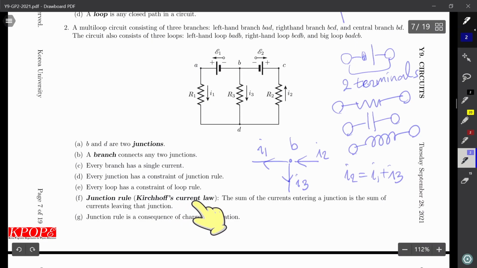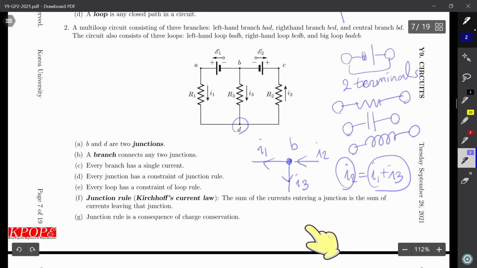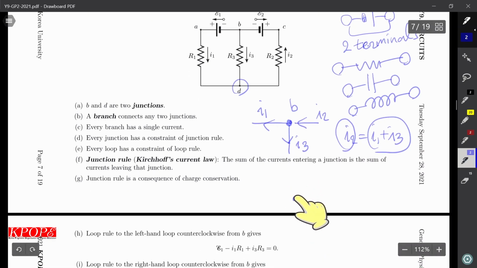This is Kirchhoff's current law. The sum of currents entering a junction is the sum of the currents leaving that junction. For example, we could have chosen the junction D. In that case, I2 is coming in, and I1 and I3 are going out.